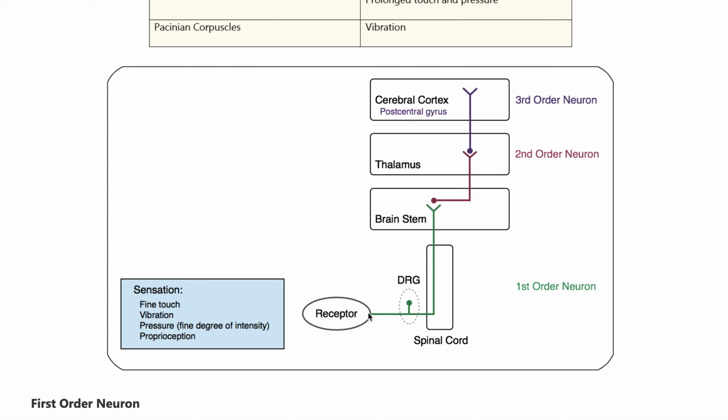It should be pointed out that the green lines here represent first-order neurons that take it from the receptor in the periphery up all the way to the brain stem, where it synapses with a second-order neuron, which is illustrated in purple here. And so the first-order neuron synapses in the brain stem with the second-order neuron, which travels up to the thalamus from the brainstem, and synapses with the third-order neuron, which travels from the thalamus up to the cerebral cortex, specifically the post-central gyrus that interprets the sensations such as fine touch, vibration, pressure, and proprioception.